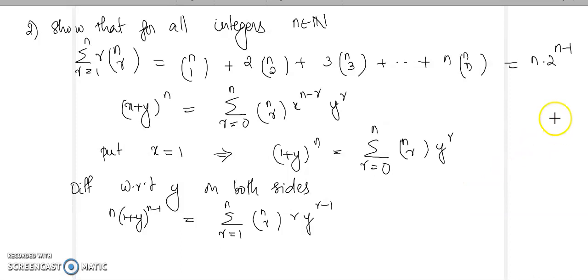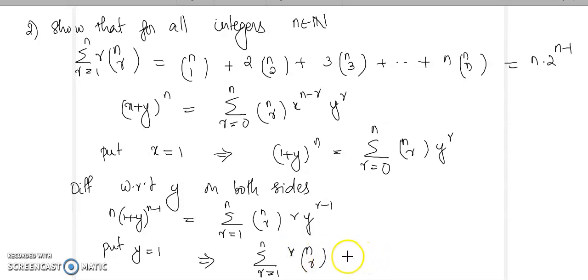Now again, for getting the result, put y equal to 1 in this. That implies summation r equal to 1 to n of r nCr will be equal to n 2^(n-1). So that is the required result.